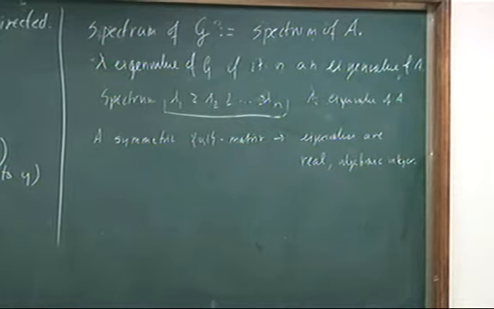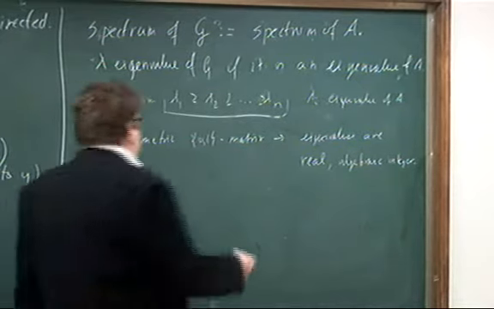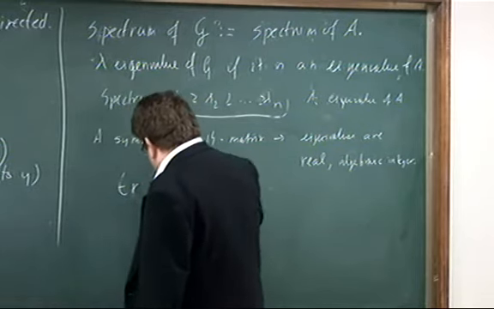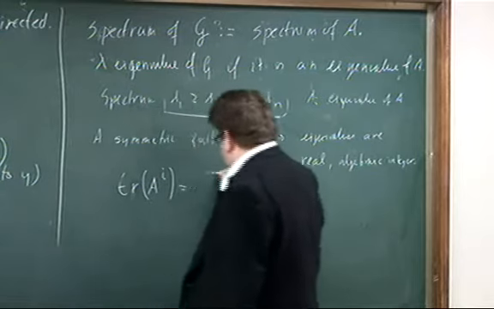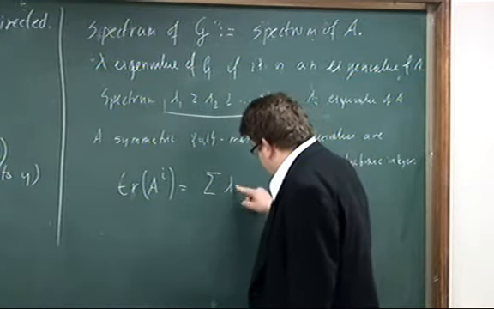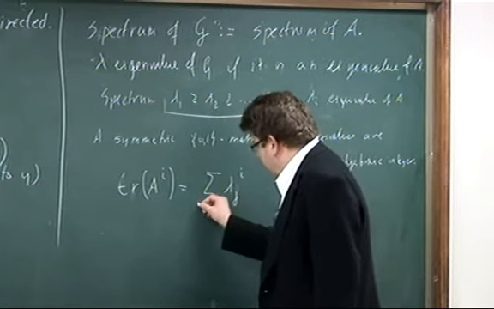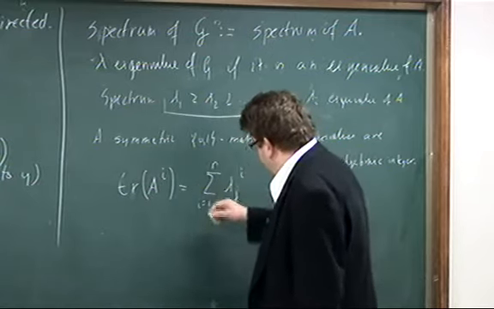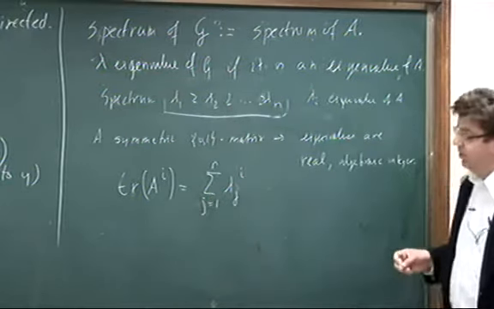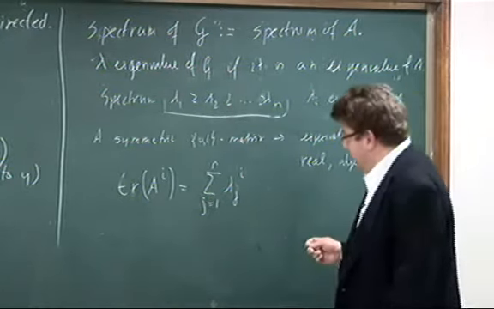Okay, so the first thing you can see is that the trace of A to the power i is the sum of lambda j to the power i, j is 1 to n. That is what you learn in linear algebra.